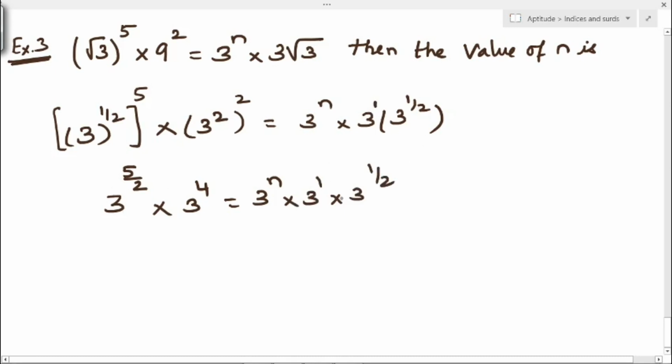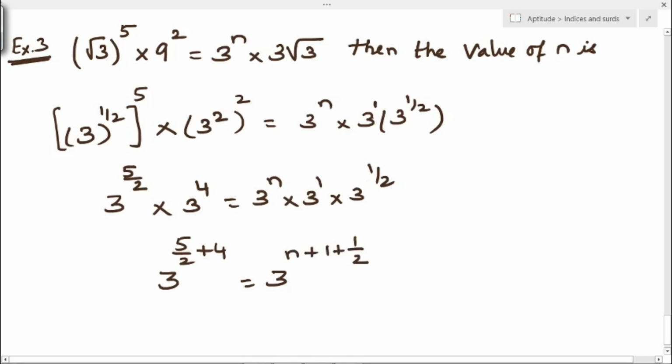So now we have the common base. So we are just equating the power terms. So first term, that is 3 power 5 by 2 into 3 power 4. So we have the common base, right? So 3 power 5 by 2 plus 4. I am adding these two powers first, equal to, in the RHS 3 to the power, we have to add the terms n plus 1 plus 1 by 2.